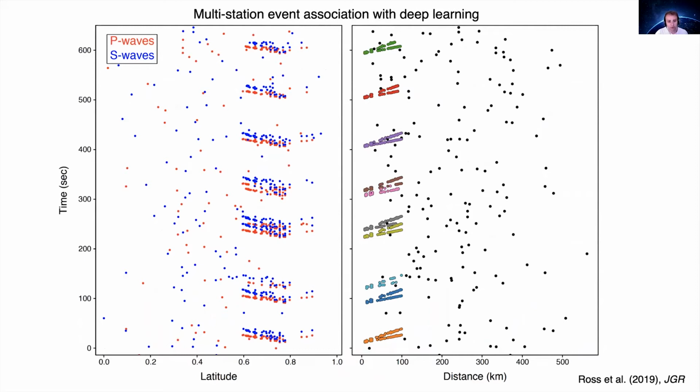So we really work with networks of sensors, not individual sensors. Here, for example, is a cartoon of what might be happening across the entire network in space and time. Every one of these little circles is supposed to be a tentative detection of an earthquake at some latitude and at some time. You see in this cartoon that there are some patterns that have a moveout of different types of seismic waves.